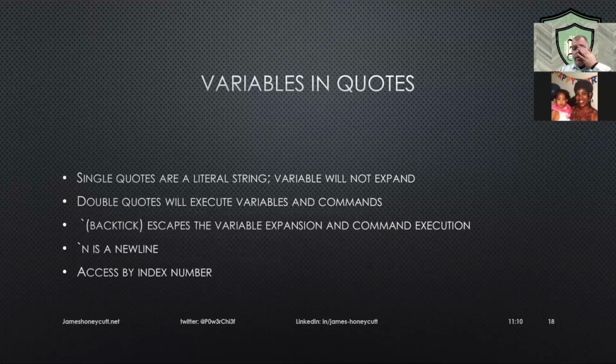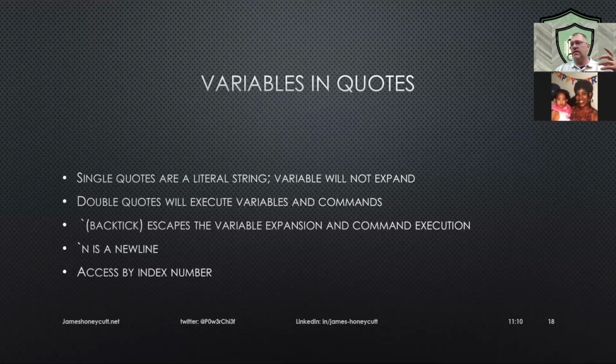So we're going to play around with this here in a second. But when you're using variables inside quotes, meaning you're doing something where you're writing something to the screen for the user, if you use single quotes around your statement, the variables will not expand.